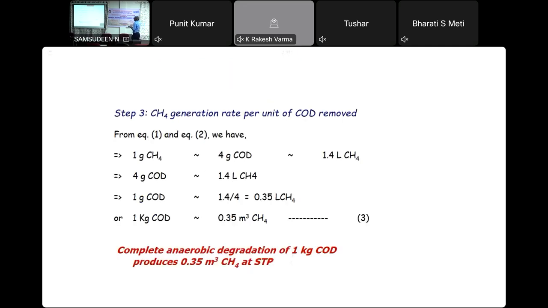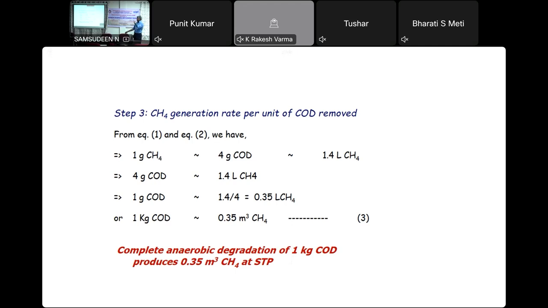So in step 3, you're going to calculate the methane generation rate per unit of COD removed. If you look at equations 1 and 2 below, 1 gram of methane equals 4 gram of COD equals 1.4 liter of methane.